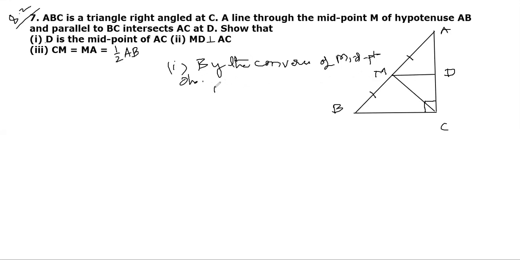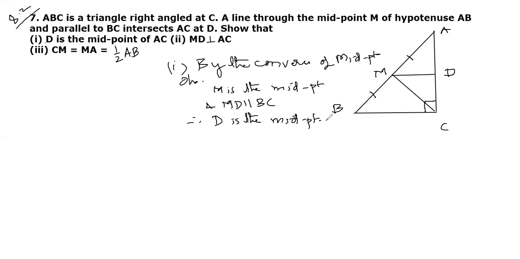So you should write: M is the midpoint and MD is parallel to BC. Therefore D is the midpoint of AC. Proof. Second, MD is perpendicular to AC, so it is 90 degrees.